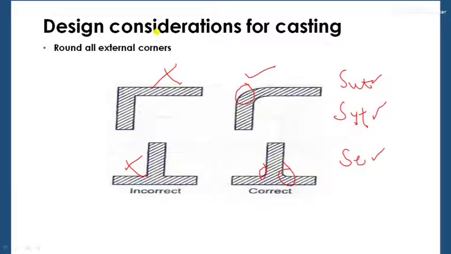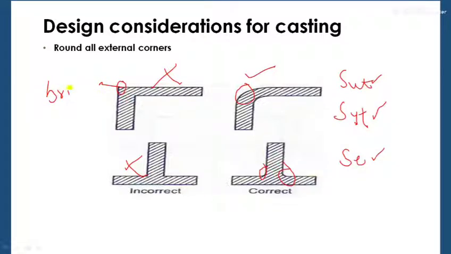Rounding all external corners increases the endurance limit of the components, as well as reducing brittle chilled edge formation. Brittle chilled edge formation means that at this portion the component will become brittle.